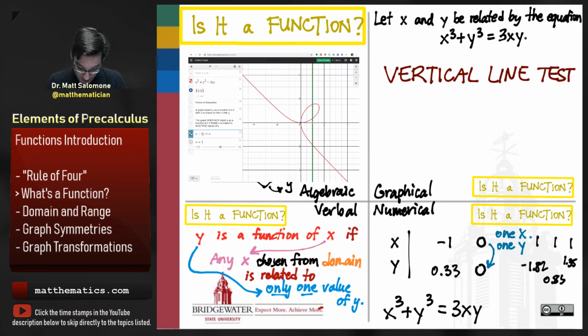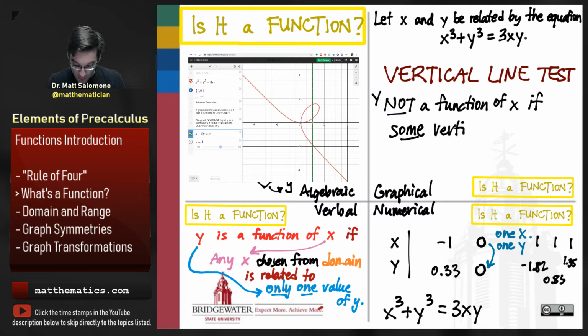So the vertical line test says that my graph is not a function, or I'll say y is not a function of x, if some vertical line intersects the graph more than once.